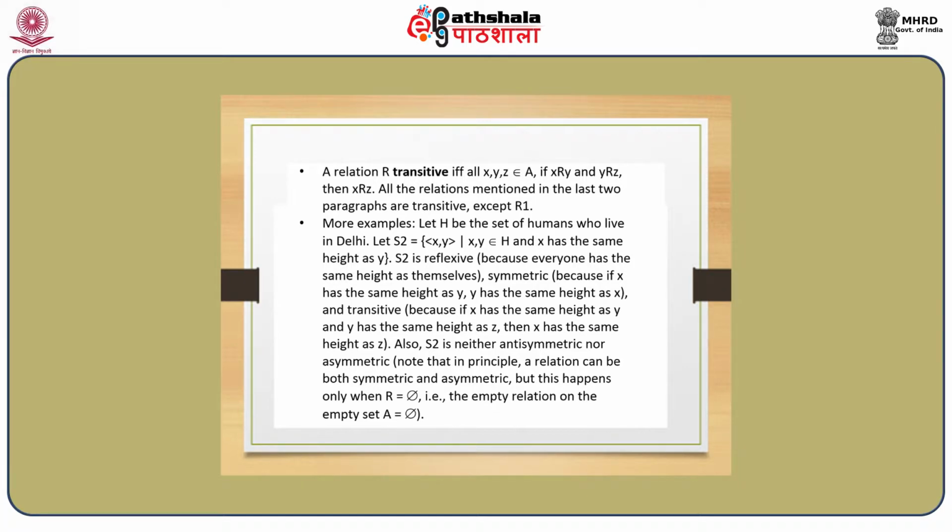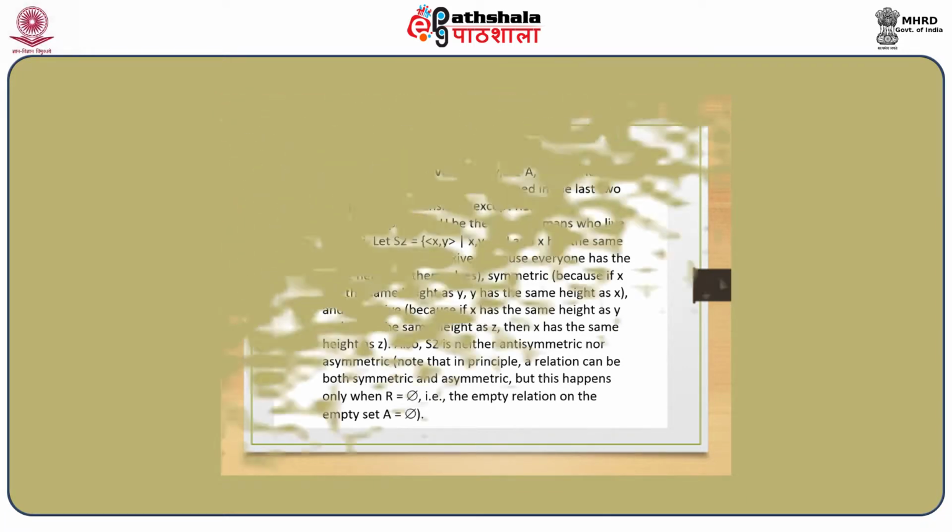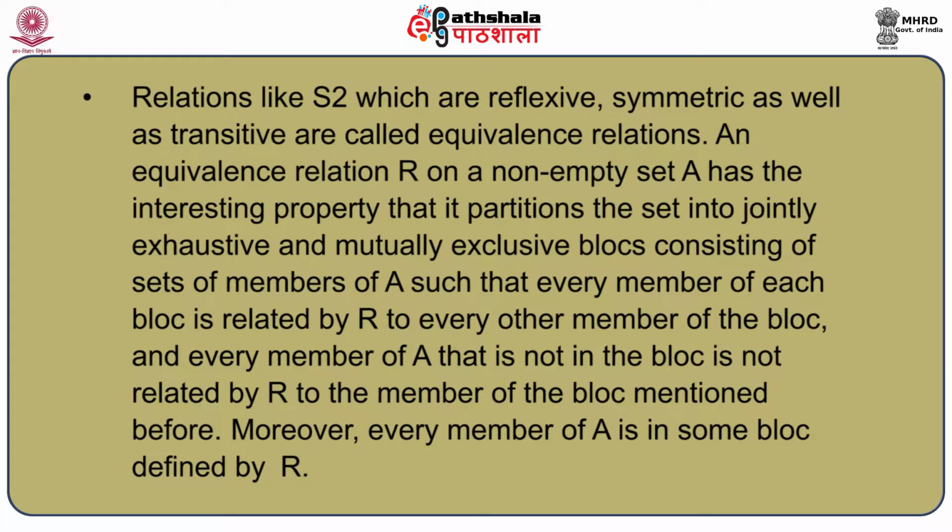Note that in principle a relation can be both symmetric and antisymmetric, but this happens only when R is the empty set, or the empty relation on the empty set. Relations like S2, which are reflexive, symmetric, as well as transitive, are called equivalence relations.